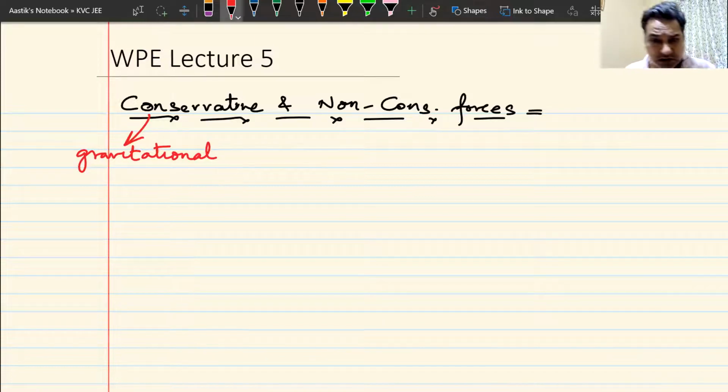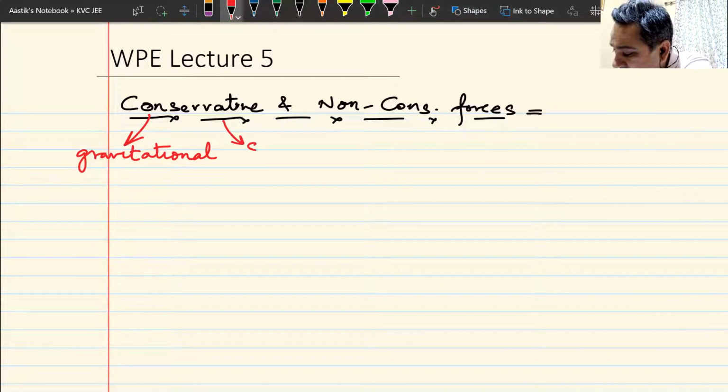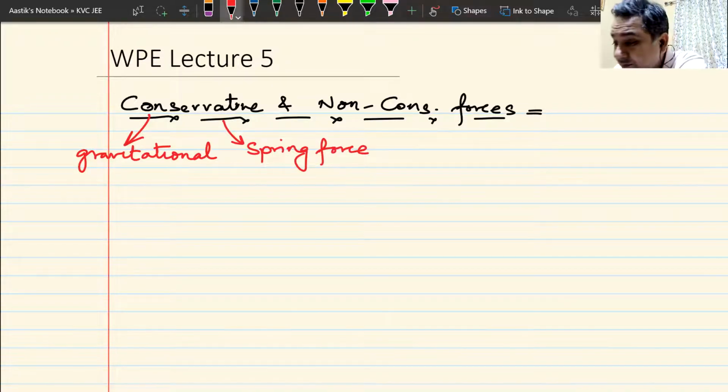The force of gravity, the force that Earth exerts on smaller things like us and small planets like Moon, is a conservative force. This is one force that would be coming to us in this chapter. The other conservative force that we would be studying in this chapter is known as spring force. The force in the spring is kx, where k is the spring constant. These are the two forces which are conservative in nature.